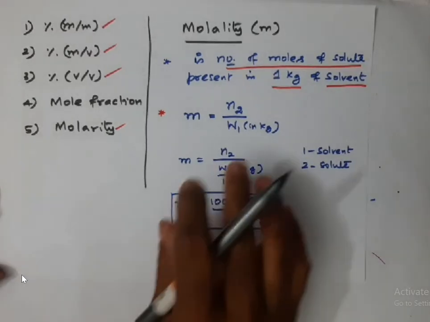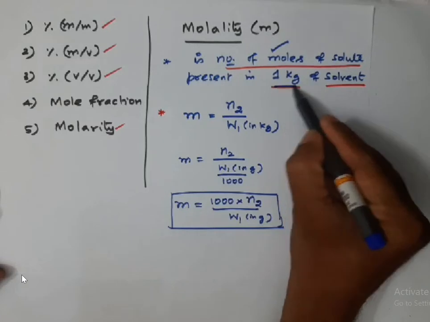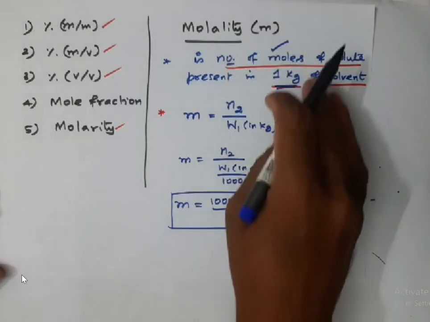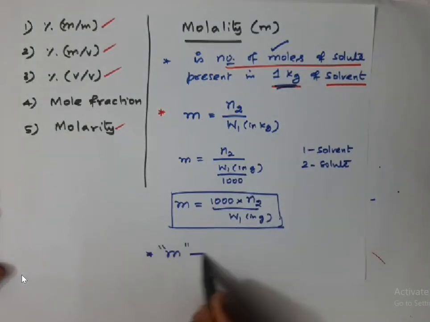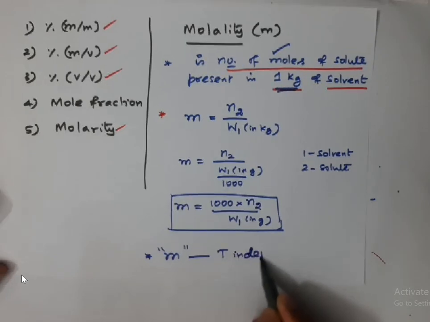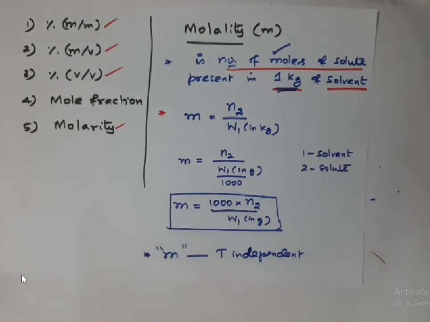In molality we are taking number of moles of solute and mass of solvent, not volume of solvent. Since there is no volume term, molality is temperature independent. If temperature changes, molality does not change.